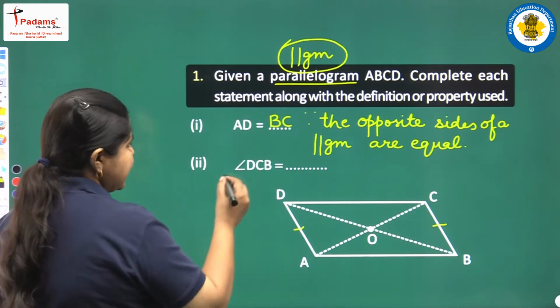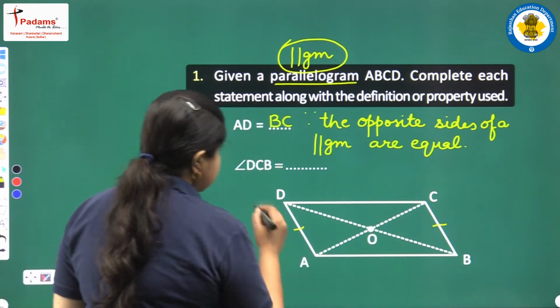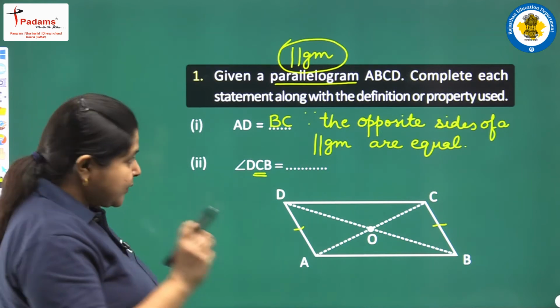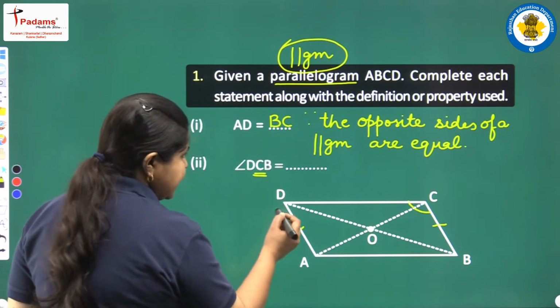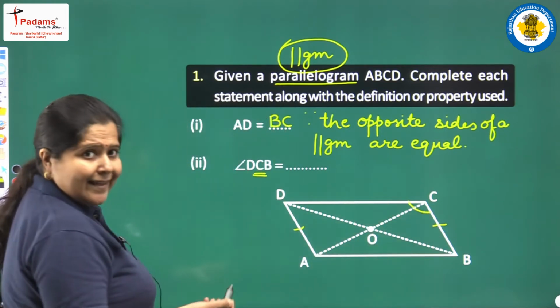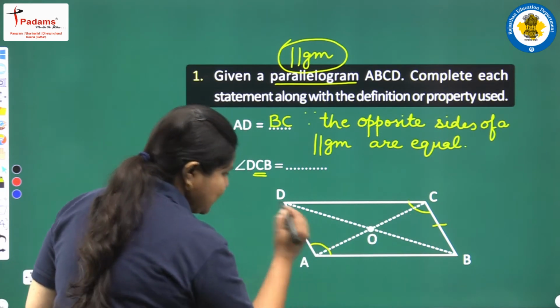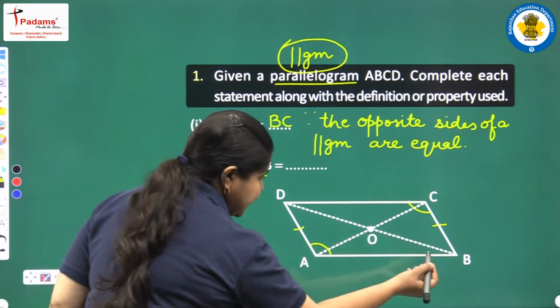Then we have angle DCB. Let us first mark angle DCB. You see this C is in the middle at the center. So the angle will be formed at C, this one. This angle DCB is equal to which angle? Clearly it will be equal to its opposite angle, which is this one. And what will be its name? Angle DAB.